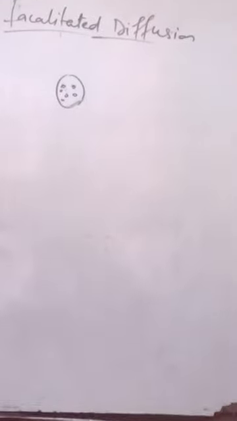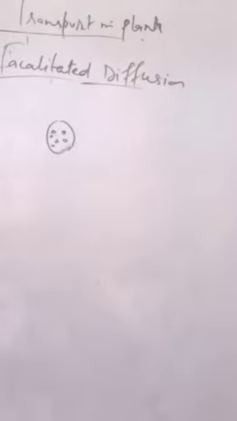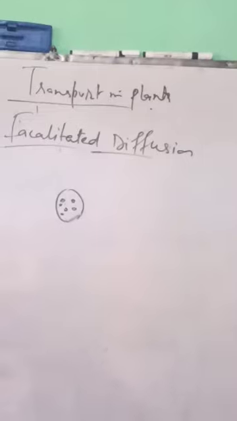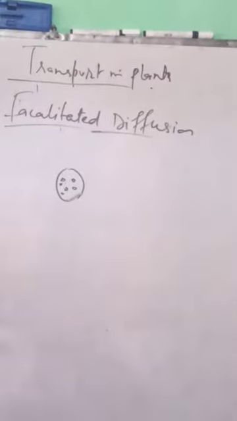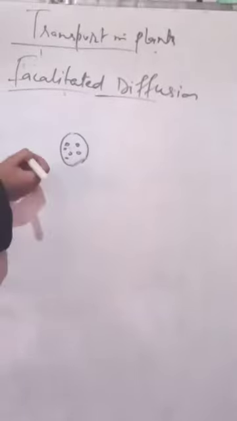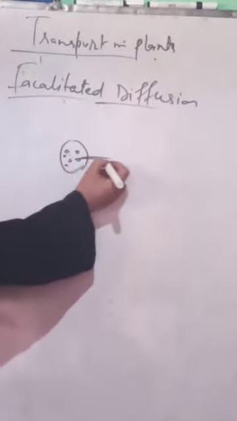So for crossing the membrane, they have need of some protein channels by which they will cross the membrane. Now the protein channels which are present in the membrane will facilitate the movement of molecules from higher concentration to lower concentration.